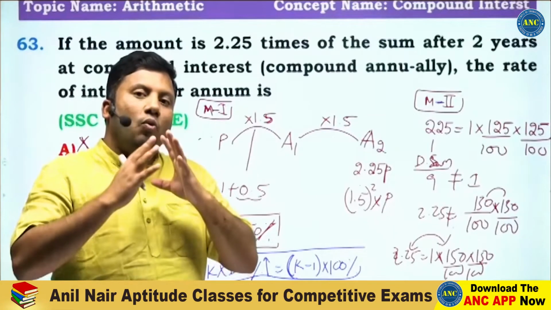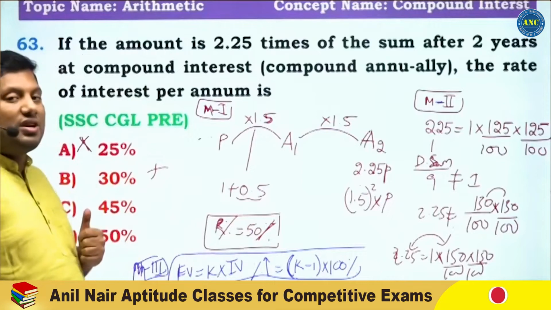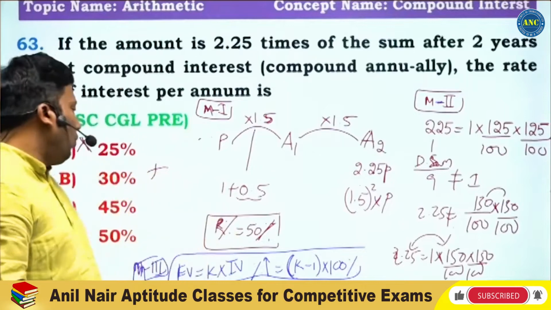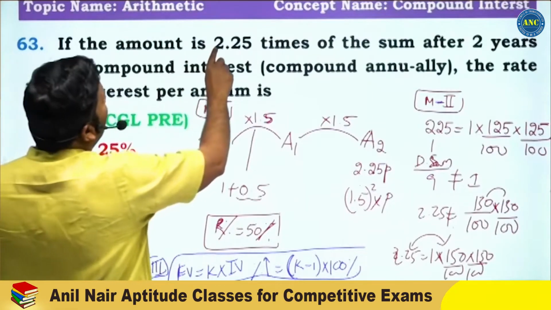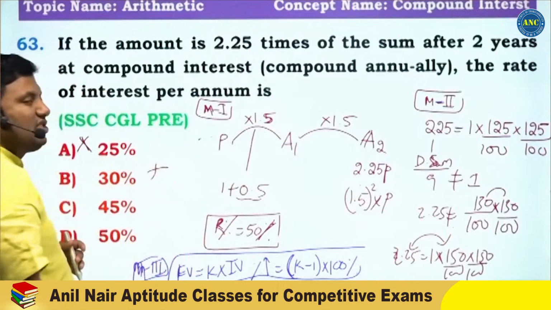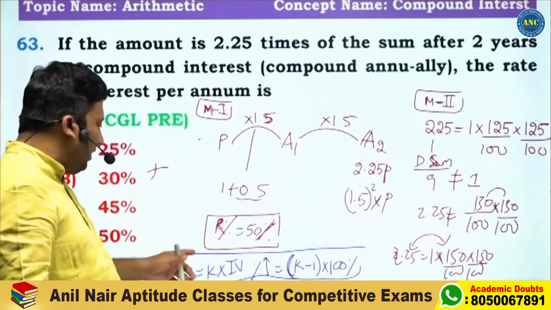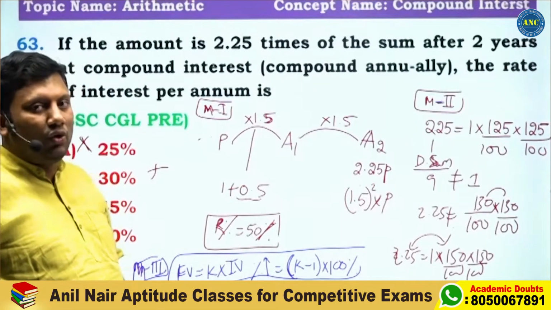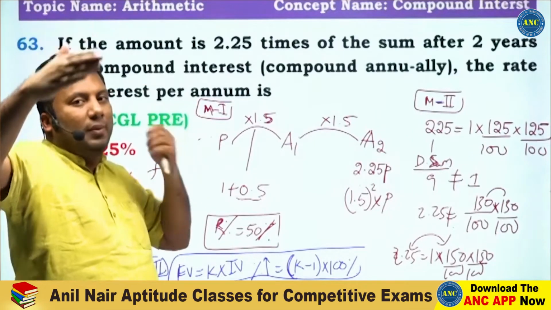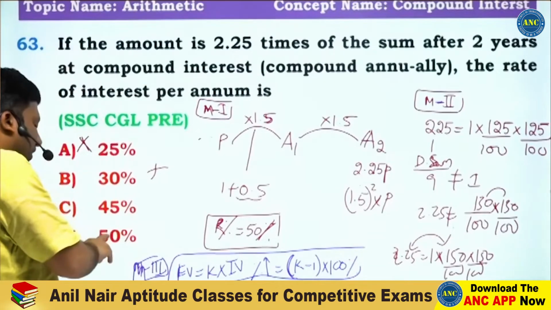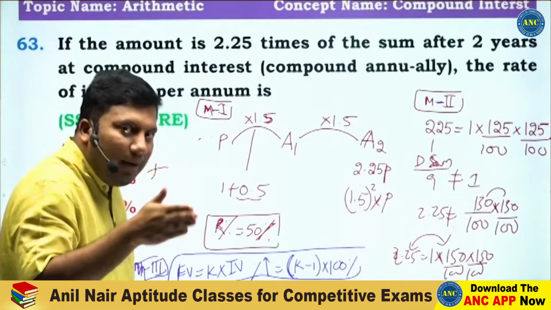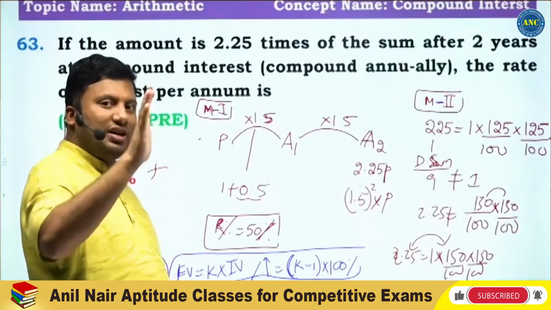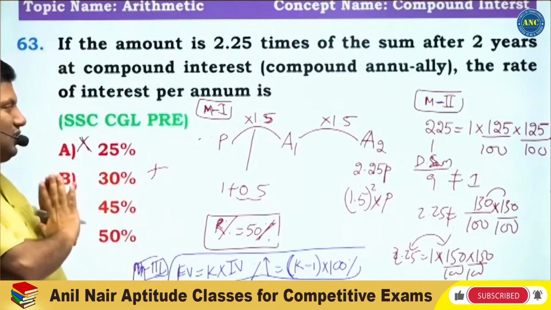Overall change for 2 years will be 125 percentage. 50 percentage done twice: 50 plus 50 plus 50 into 50 by 100, which is 125 percentage. Idea clear?